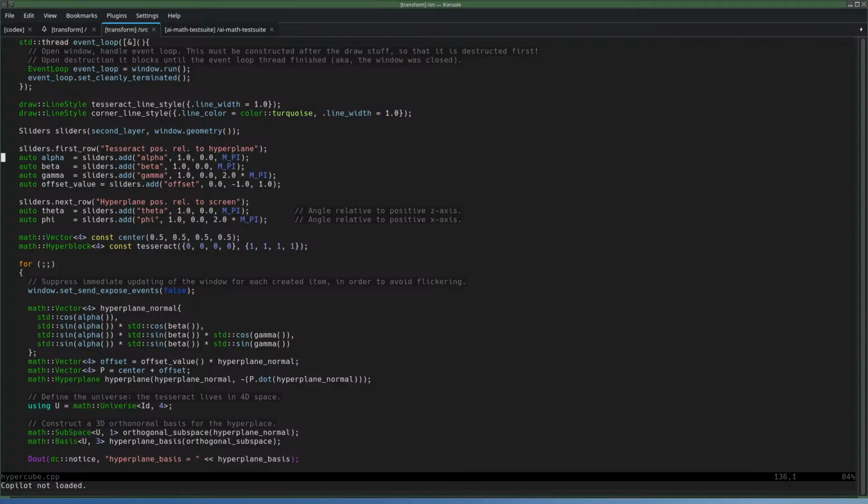Okay, so these are my sliders, alpha, beta, and gamma, and they determine the direction of the hyperplane normal in the 4D space.